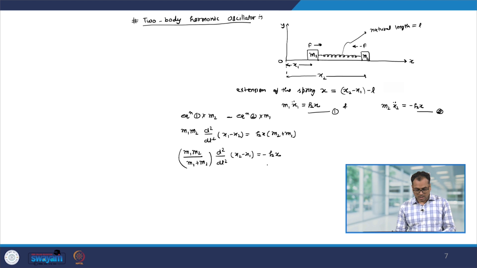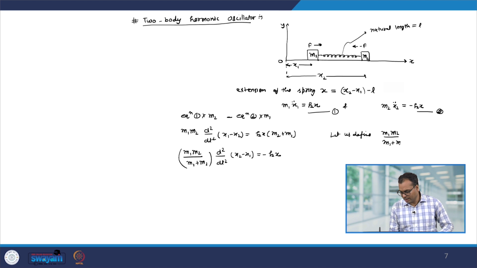Okay. Let us define this quantity m1 m2 over m1 plus m2 as mu, which is called the reduced mass of the system.